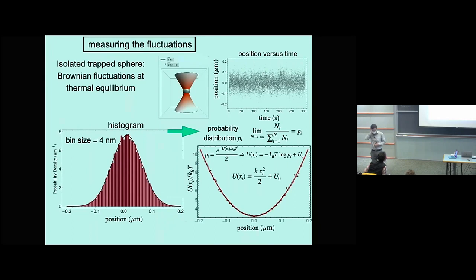Indeed, this optical potential in this range is really quadratic. This we can show theoretically, to an excellent approximation. So when there is no interaction, I just have this quadratic optical potential. And I can, for instance, characterize the trap stiffness from this by fitting it with a quadratic function.